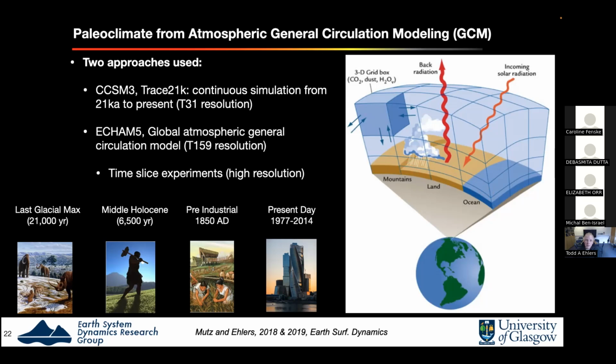These same types of models are used for weather forecasting as well, and there's a long history of how these have been developed in the literature. So that was the first approach that we've done. The second is to evaluate how good these coarse simulations were. We also conducted a series of higher resolution global atmospheric circulation models conducted at about 80 by 80 kilometer resolution. And we did those for the time slices that you see here.